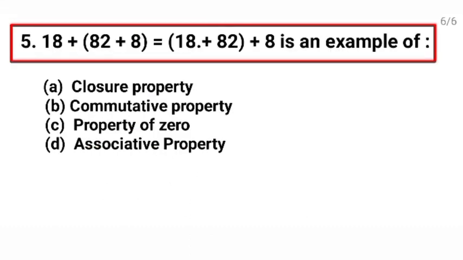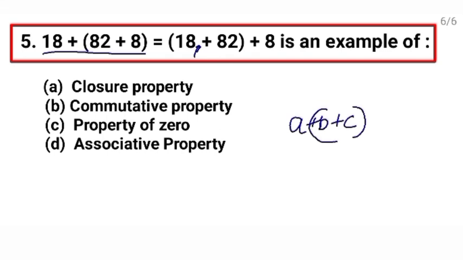Next, 18 plus in bracket 82 plus 8 is equal to 18 plus 82 plus 8 is an example of. On both the sides we are adding 3 numbers like a plus b plus c.